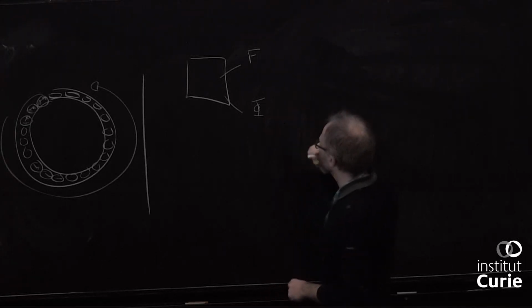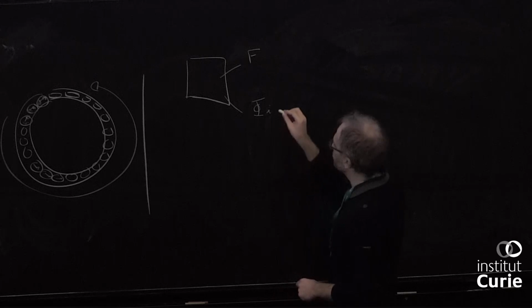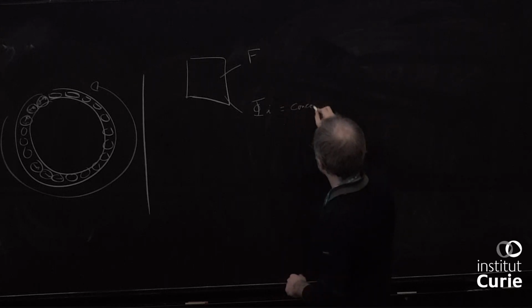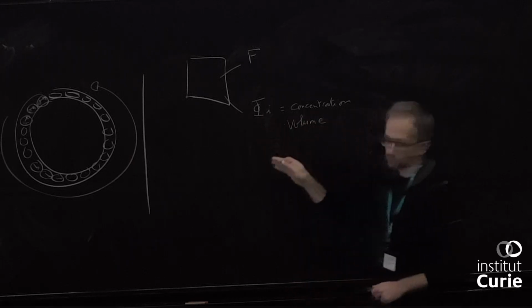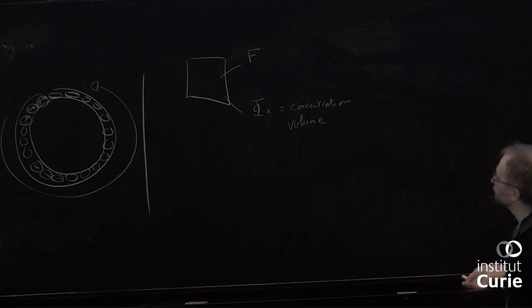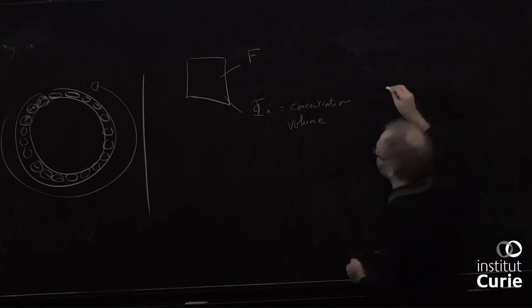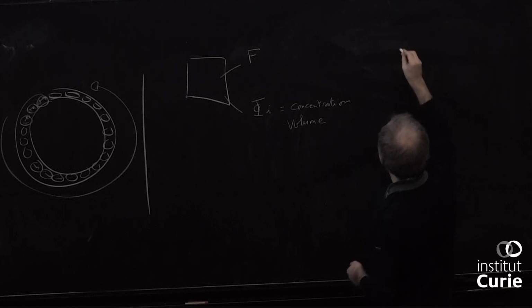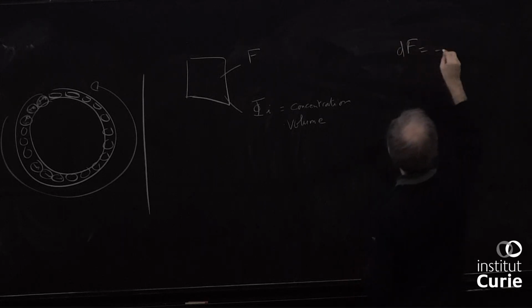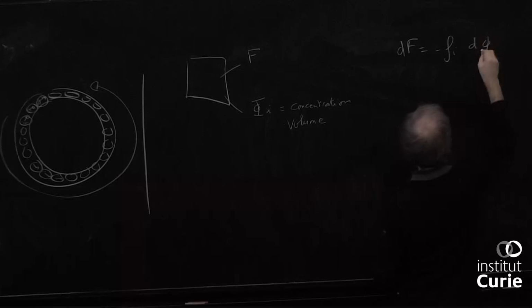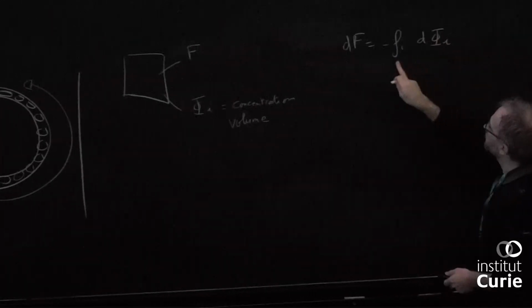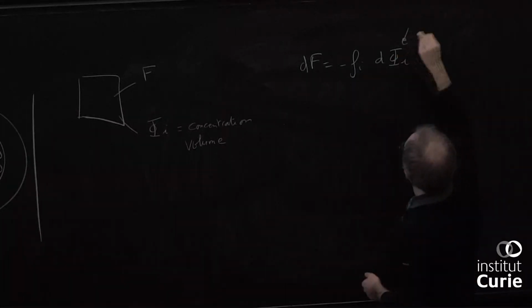For instance, this could be a concentration, this could be a volume. Okay, different thermodynamic variables that you can use to characterize the system. And then if I differentiate the free energy with respect to one of these variables, I get a thermodynamic force. This is a state variable.